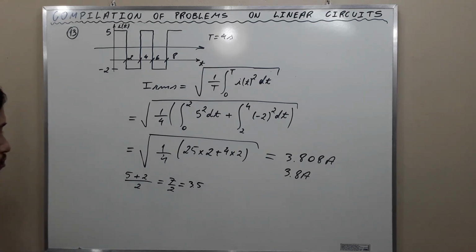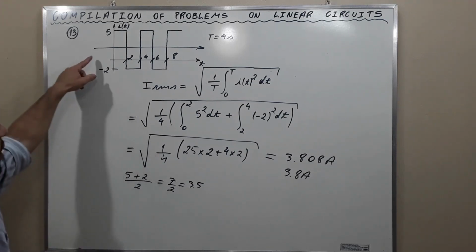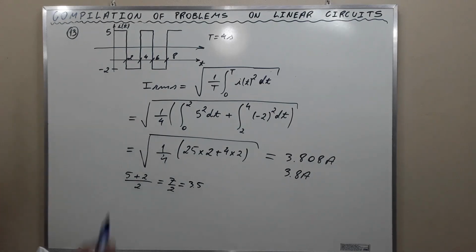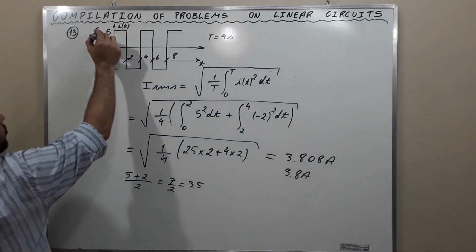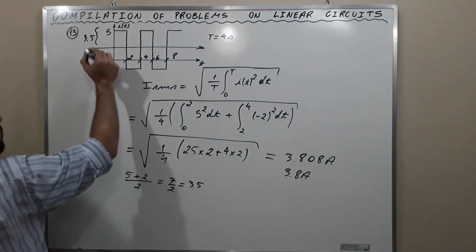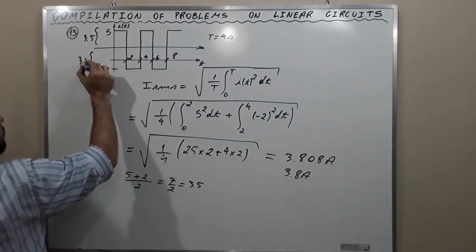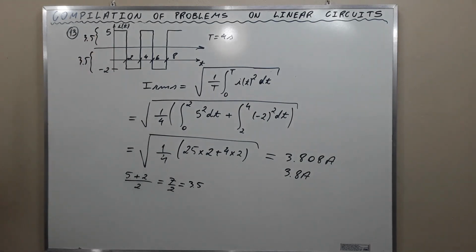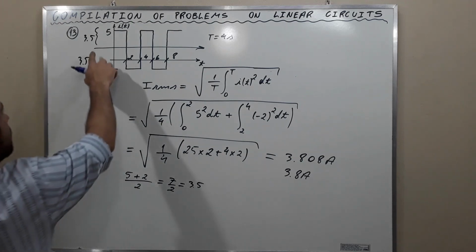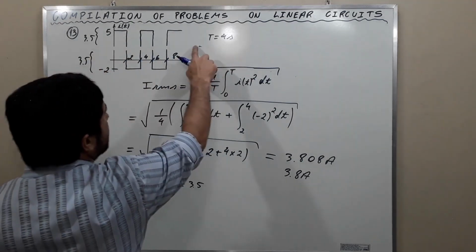But anyway, this current here is not equally divided here. For example, 3.5, no. Okay? It is not like this. This axis here does not exist.